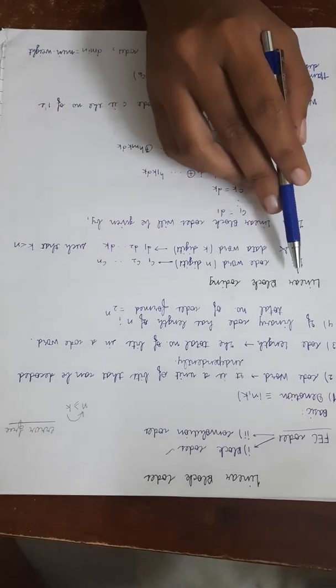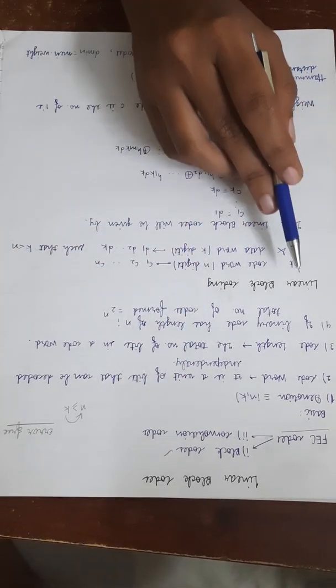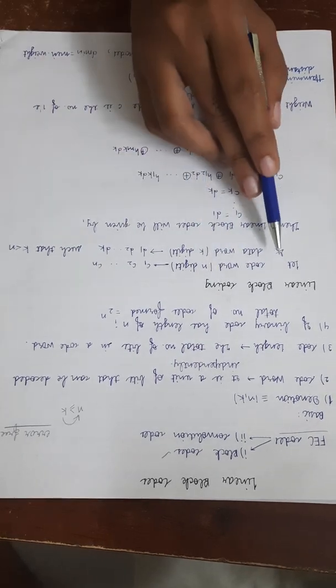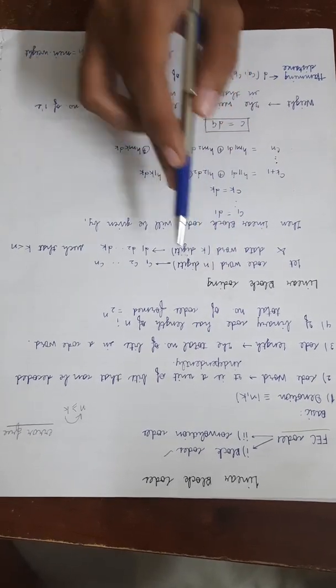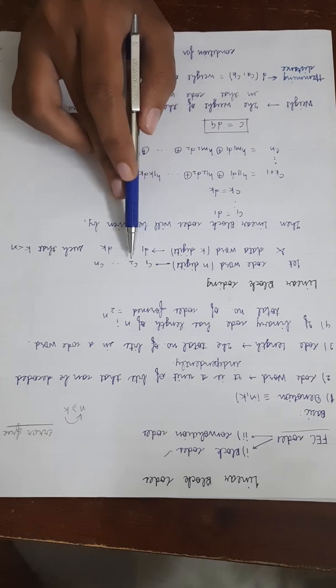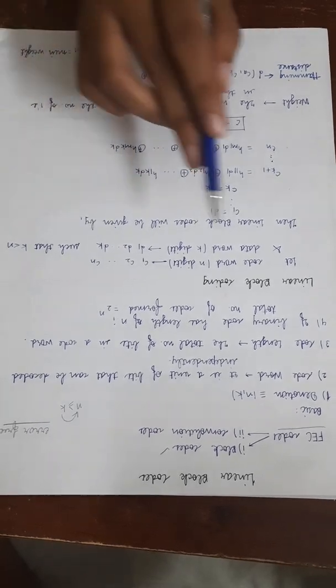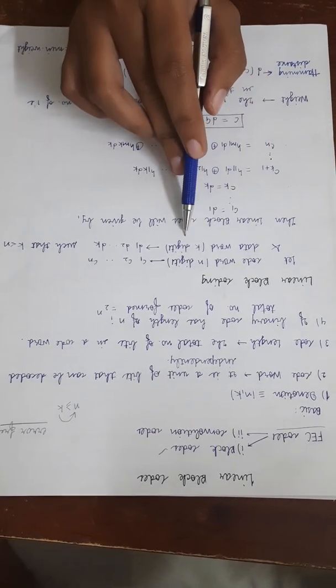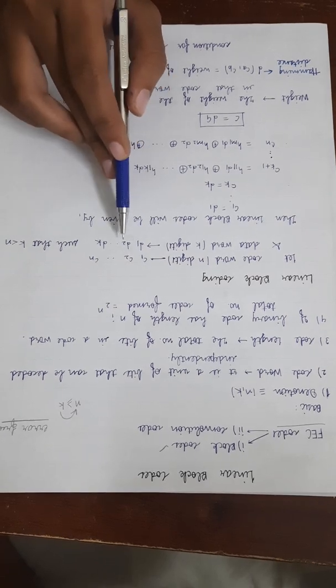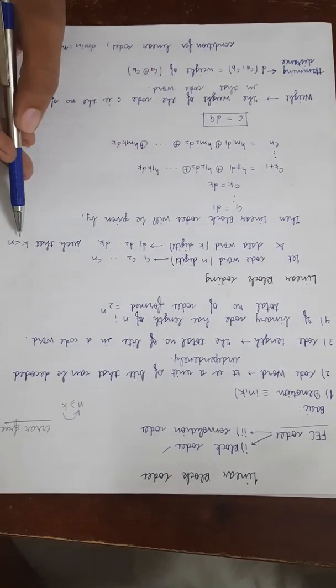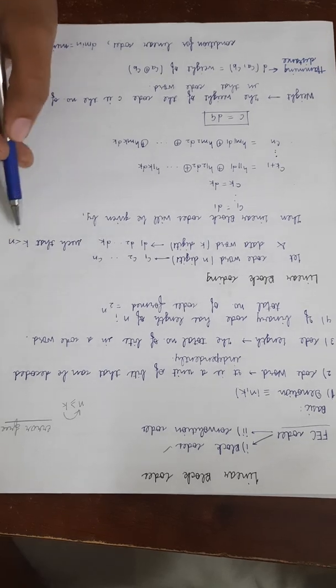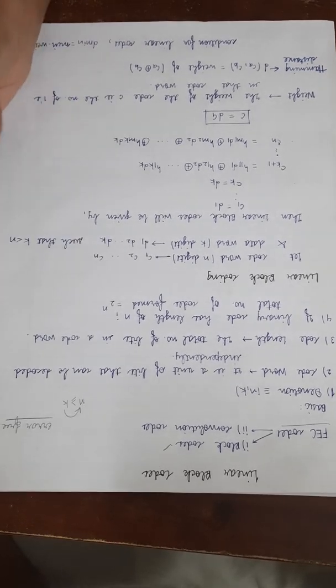So now let's move to our topic, linear block coding. Let us assume a code word of n digits, which can be represented by C1, C2 up to Cn, and the data word of k digits, which is represented by D1, D2 up to Dk, such that k is less than n.